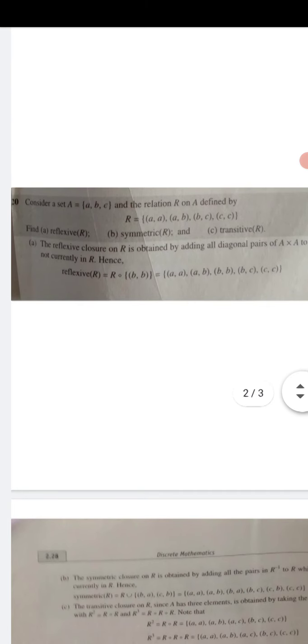Now similarly we have to do it with symmetric. Symmetric की condition, if (a,b) is here then (b,a) should be there. Let's check. (a,b) is here but (b,a) is missing. Similarly (b,c) is here but (c,b) is missing. So 2 ordered pairs are missing. How can we insert? We can insert by union. Symmetric R = R union {(b,a), (c,b)}.